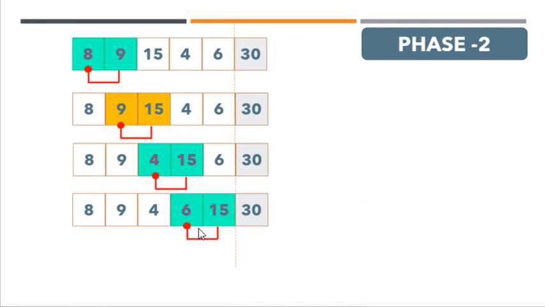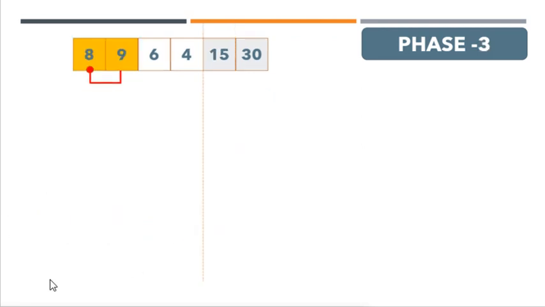So here you can see that I have reached the end of the list. 30 does not require any comparison because it has already reached its correct position. So what's the point of comparing 15 and 30? Notice here that by the end of the second stage, the second largest element reached its correct position. So what is left out? Yes, I am supposed to arrange only the n minus 2 elements. Isn't it magic? Okay, so let's proceed.